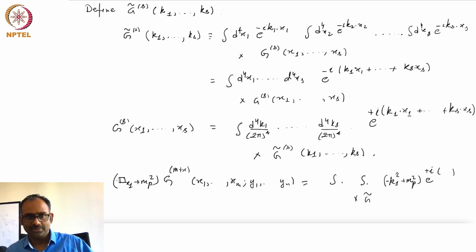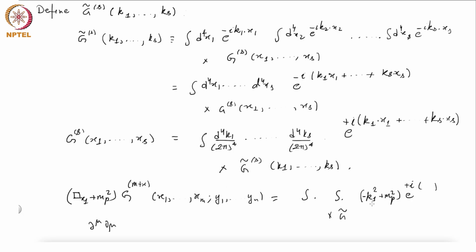Why? Because the box_{x_1} is basically ∂_μ ∂^μ with respect to the x_1 variable. So, when ∂_μ acts on e to the i k_1 dot x_1, it pulls down i k_1μ. Then you again act with another ∂_μ, it again pulls out i k_1^μ. One μ will be up, one μ will be down, and i times i gives you a minus 1, and k_μ k^μ is k squared. So, you get minus k squared plus m_p squared, when you take the differential operator and act on G.